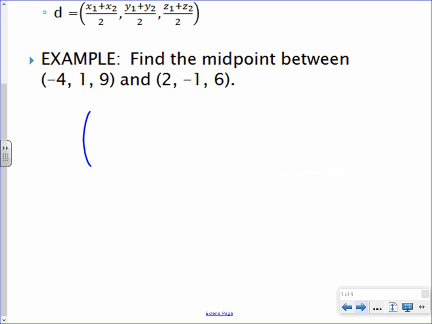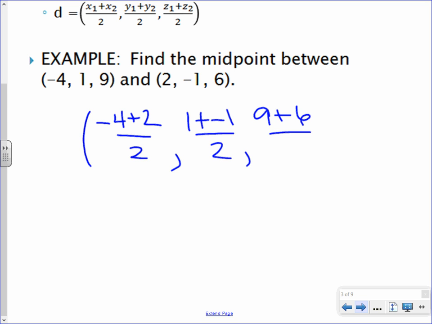So to find the midpoint, we will take an average of the x's, an average of the y's, and an average of the z's.